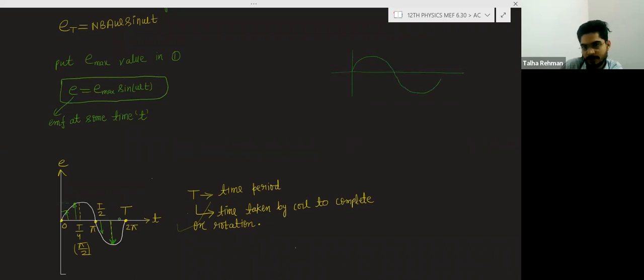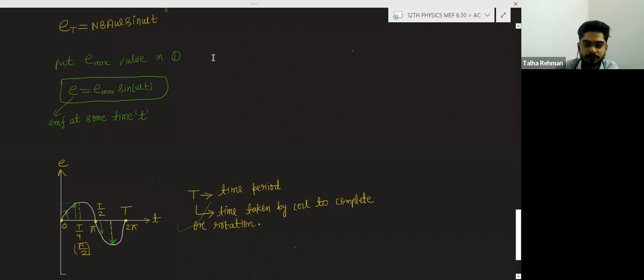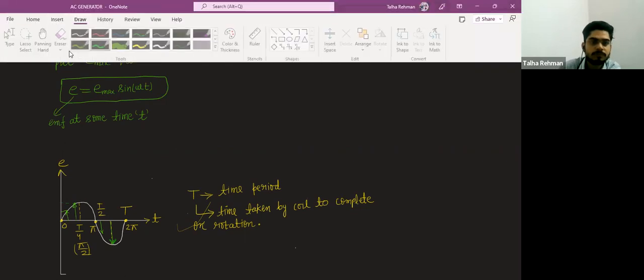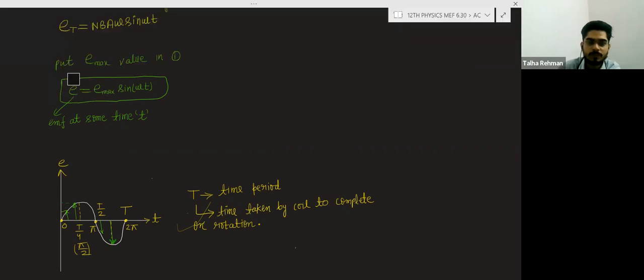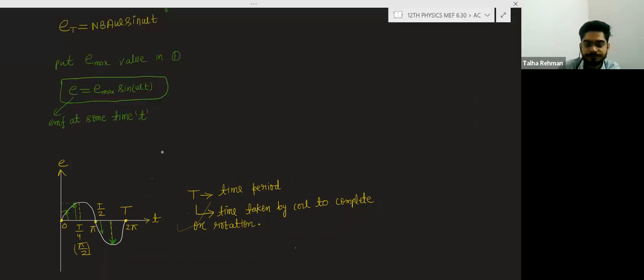You can draw the graph like this. Sine. Completed, Matthew?